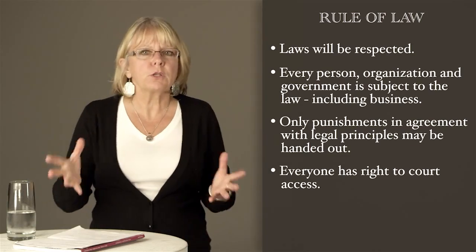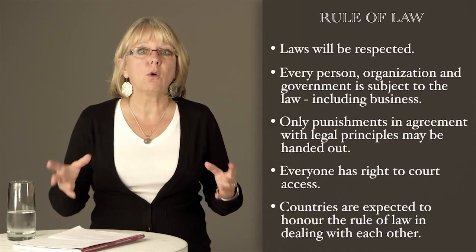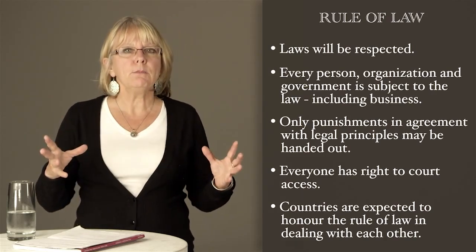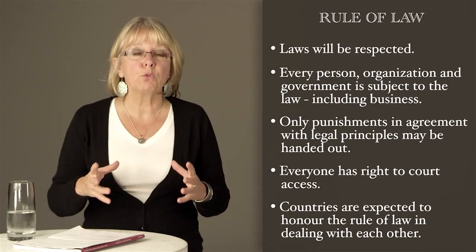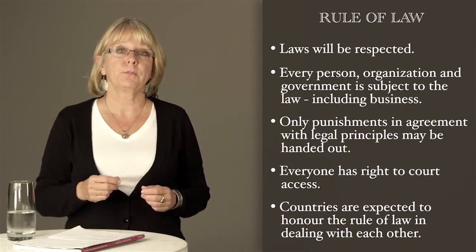So if your country passes a law, there is an expectation that the law will be respected within the country. And in the same way, all countries are expected to honor the rule of law in their dealings with each other. So the rule of law is an international law principle underlying inter-country relationships.